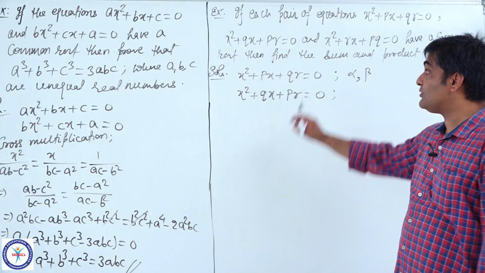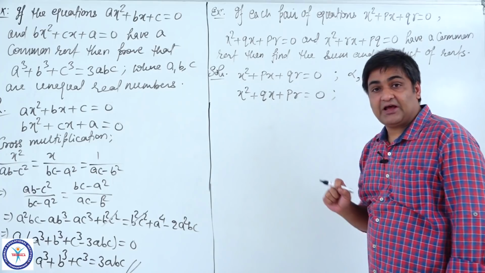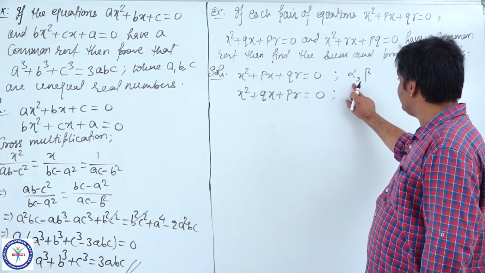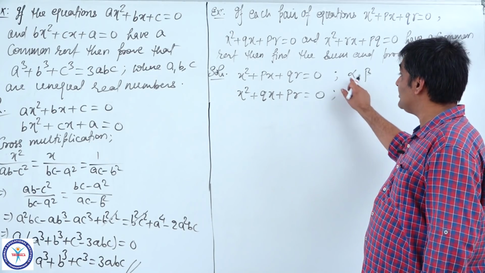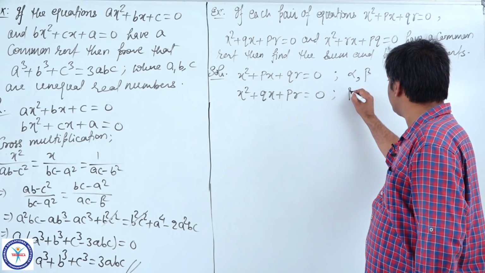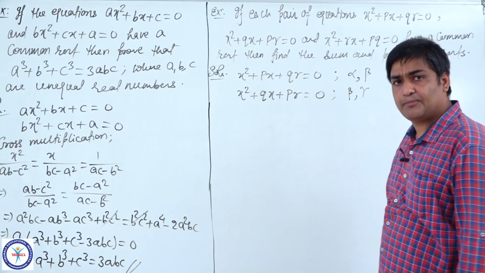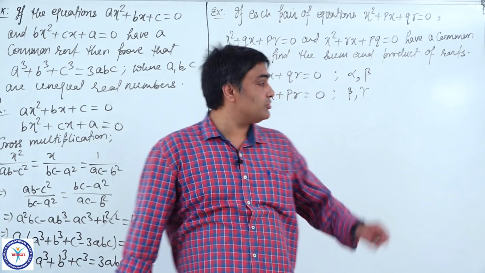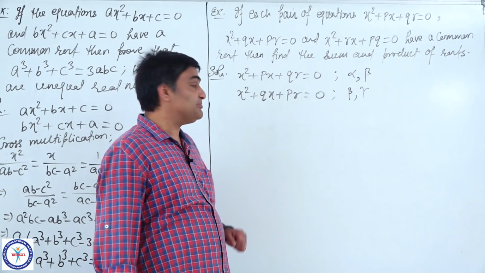Now, according to the question, each pair has a common root, meaning one of the roots of this equation is also a root of this equation. So, let it be beta and gamma. So, beta is the common root of this pair.